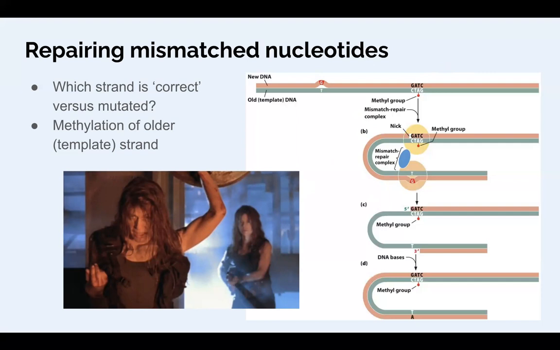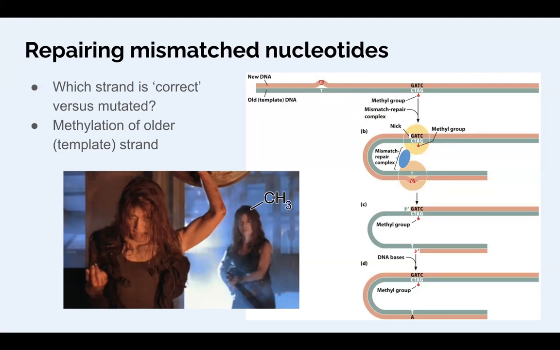Classic conundrum. Well, the cell has a solution for that: as DNA gets a little bit older, it gets these methyl groups attached to it. So there's a little chemical modification on some of the nucleotides, and the older DNA, the DNA that's been around for longer, has methyl groups associated with it.